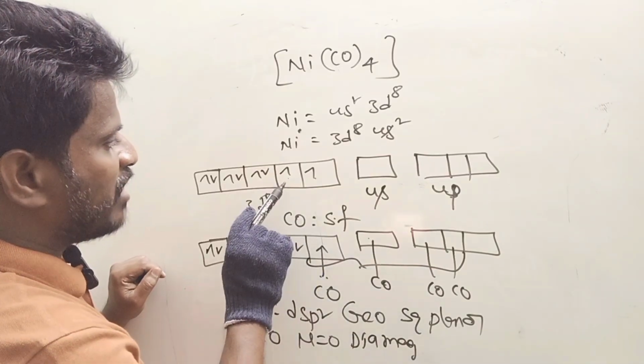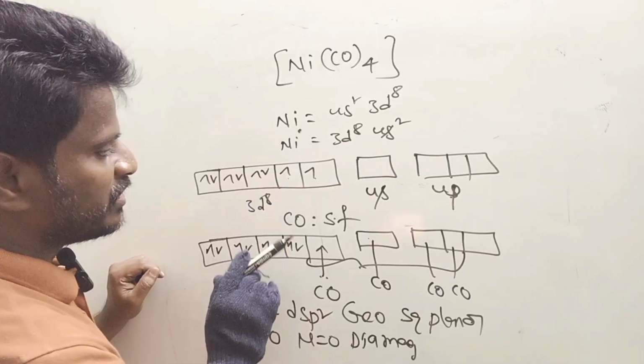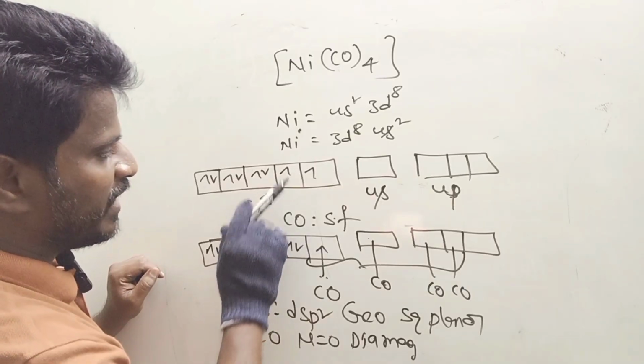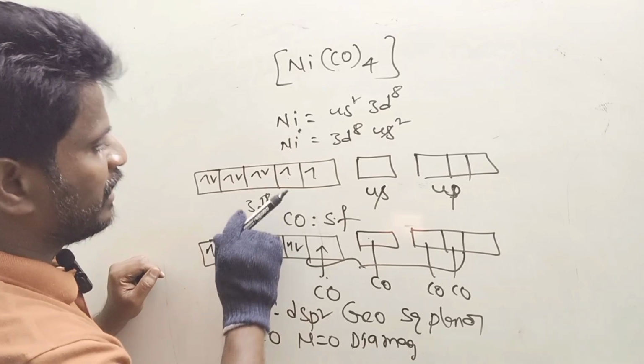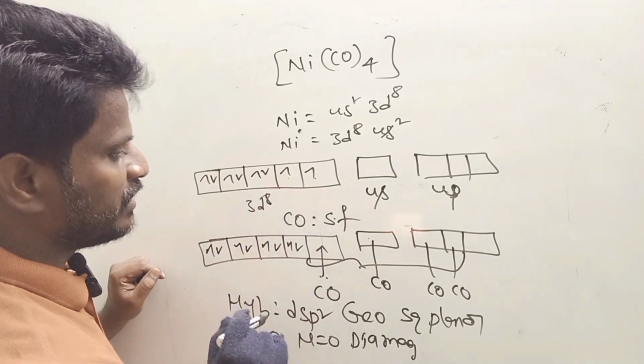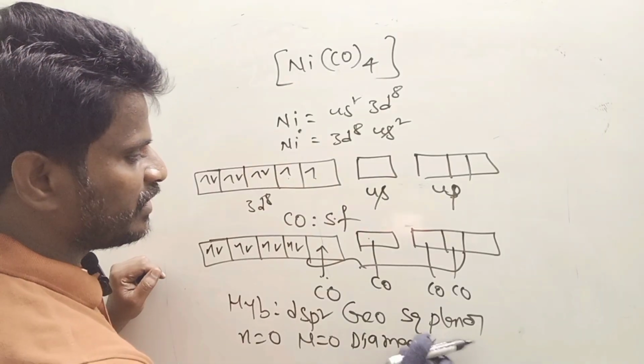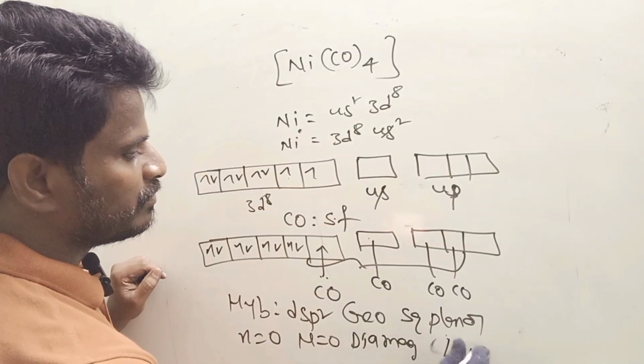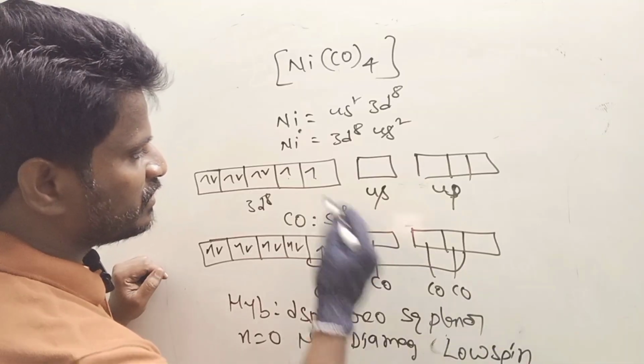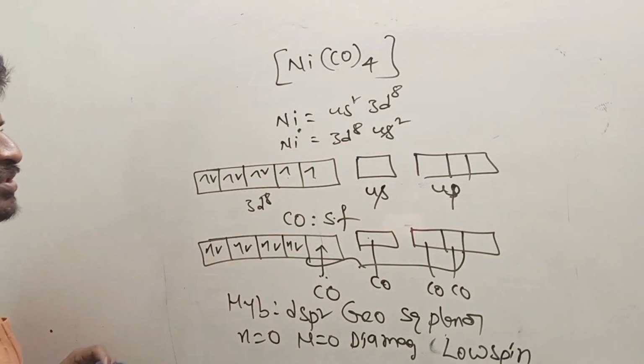And observe before formation and after formation of the complex, there is a change in the d orbital electron representation. It indicates it is low spin. Change is observed, low spin. No change, high spin.